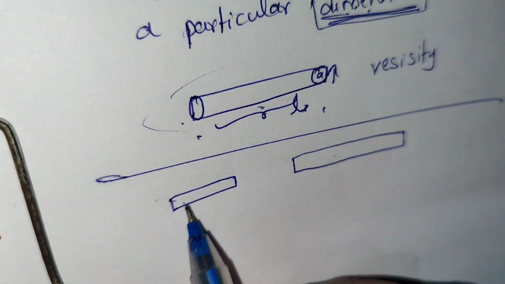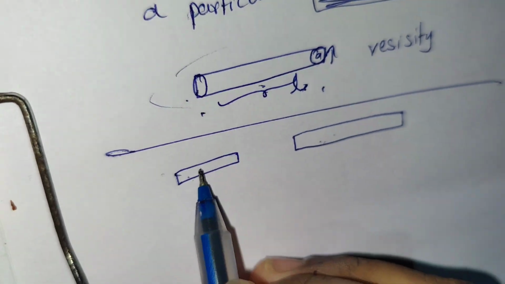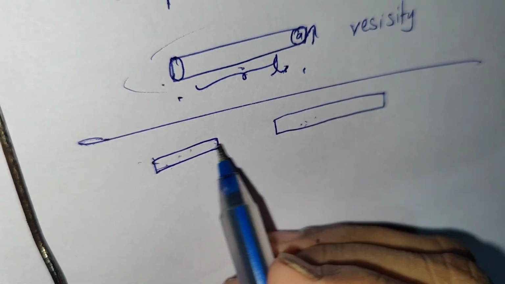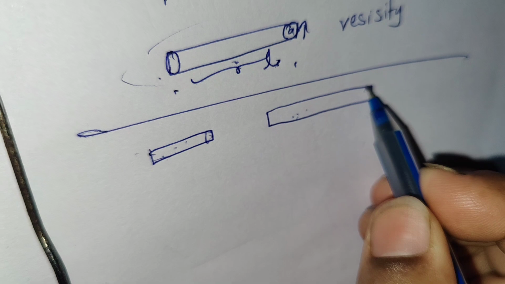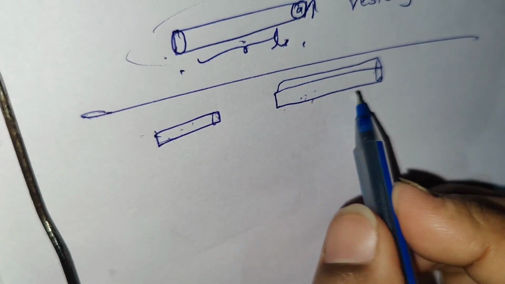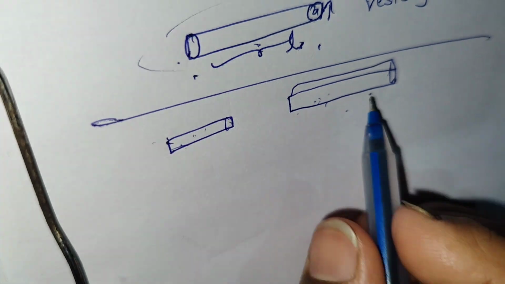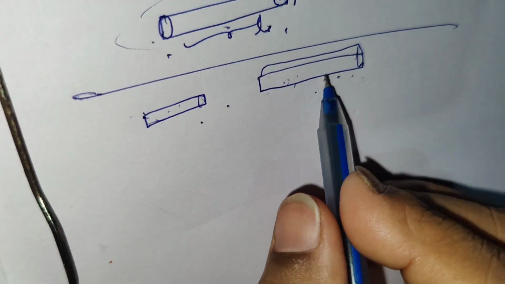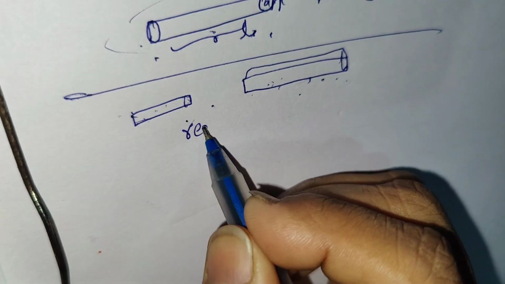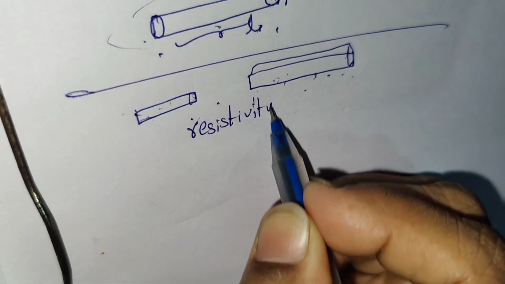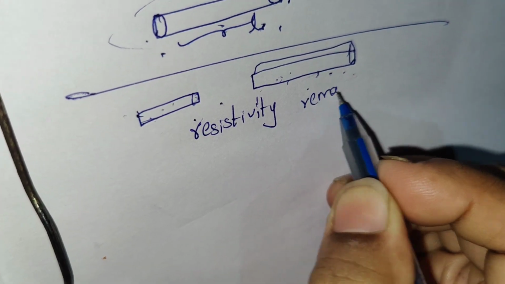Both the wires are made up of the same material, but length and area are different. As long as the material remains the same, resistivity also remains the same.